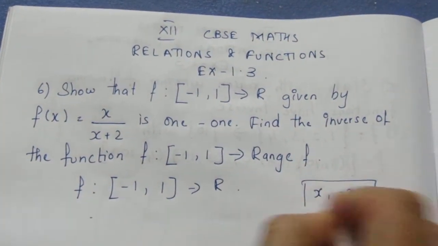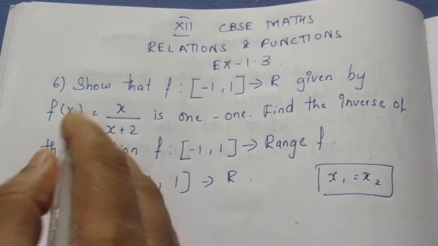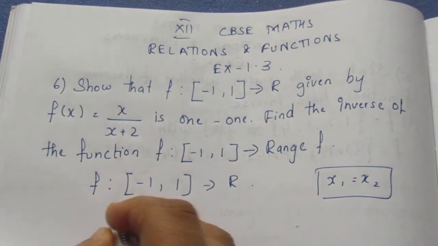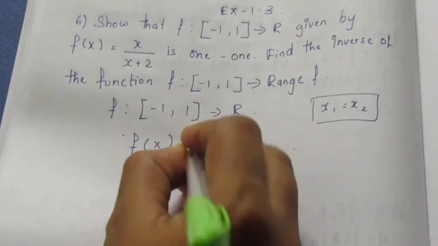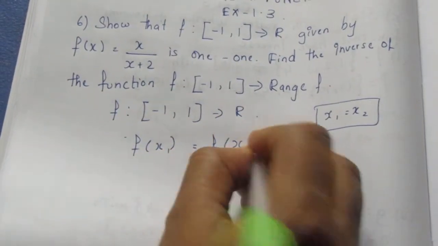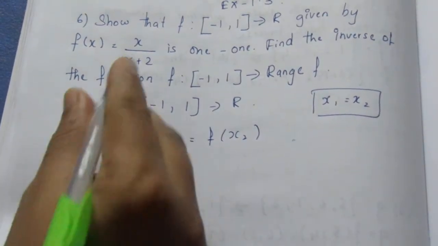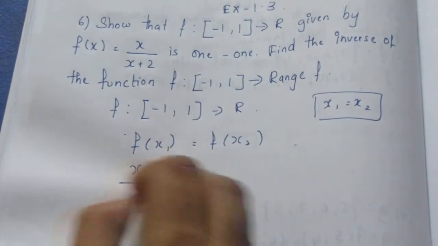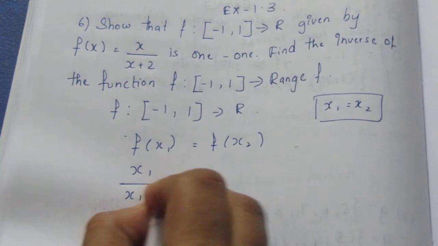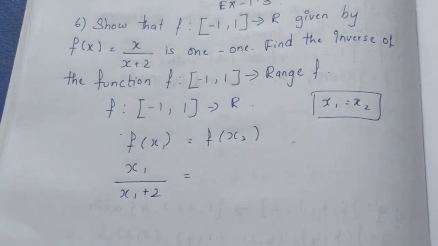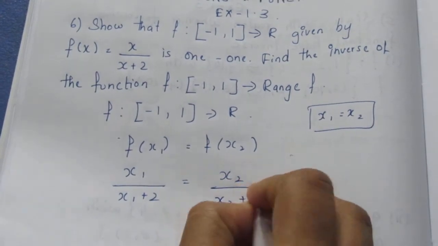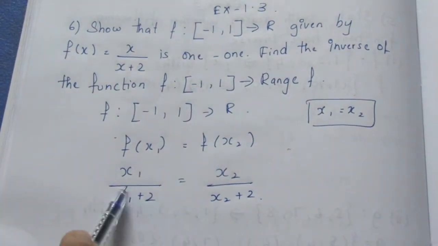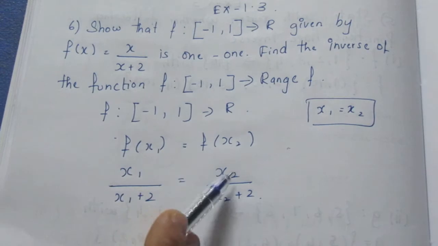Given f of x, f of x1 is equal to f of x2. Instead of x, write the value as x1. Wherever we have x, just write it as x1. The same way here, x2 by x2 plus 2. We can't cancel it because this is totally different. This is x1 and x2.